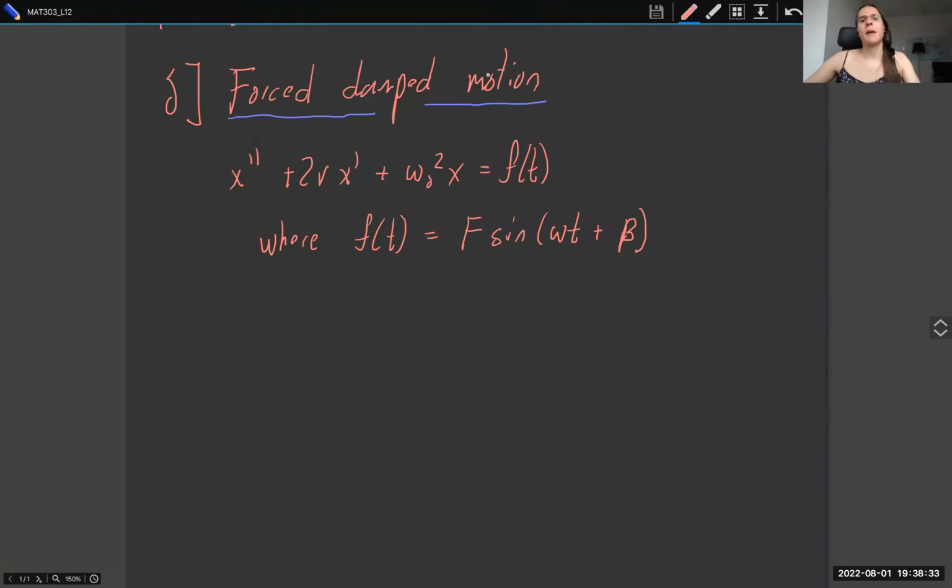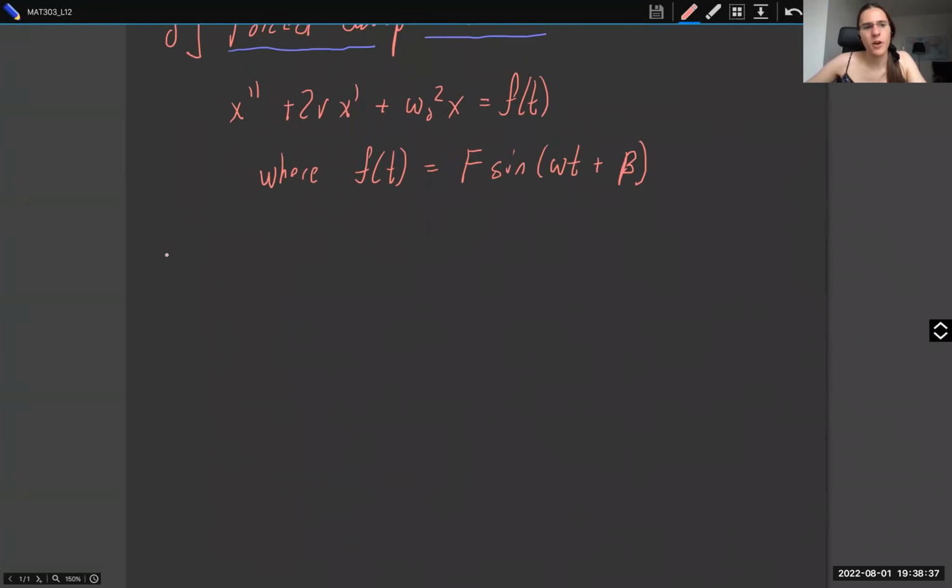Now, what's going to happen is we're going to use the ansatz that x is equal to a times sine, I'm going to put sine first, and b times cosine.